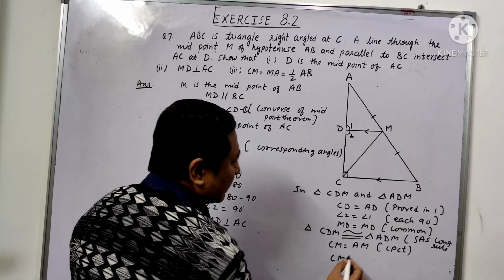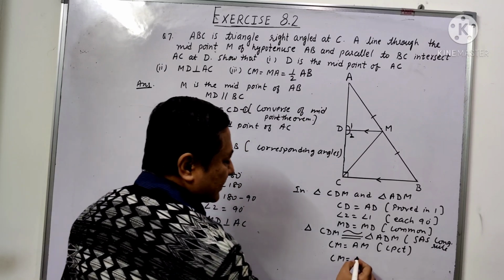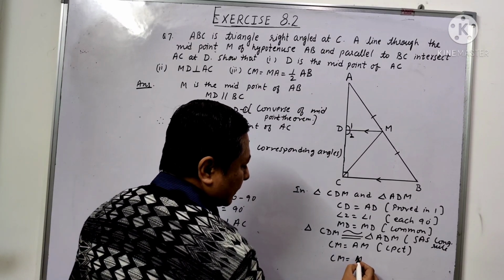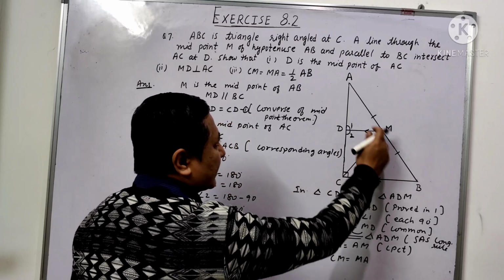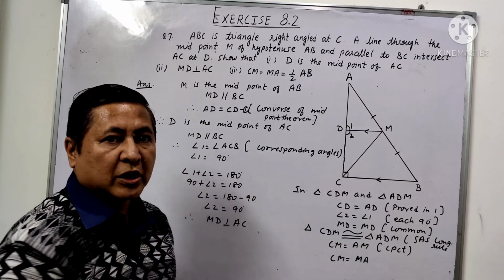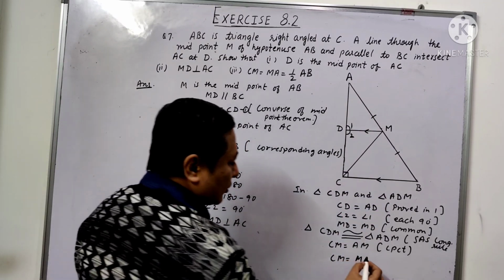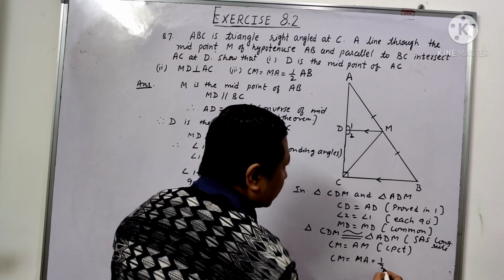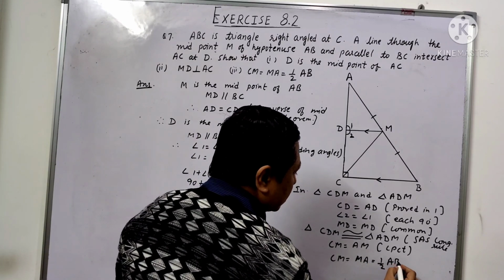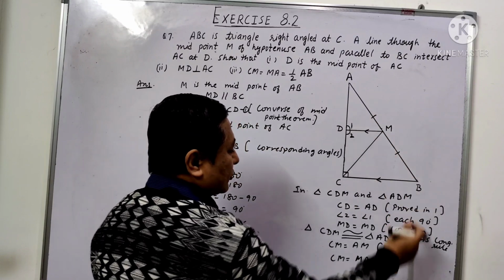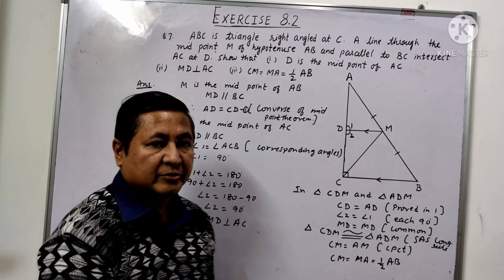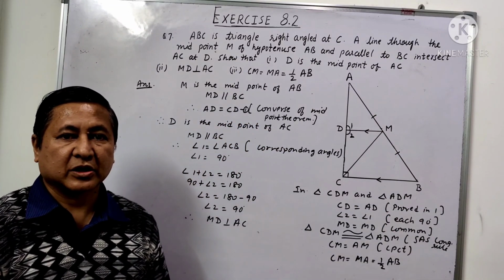CM is equal to AM, which can also be written as MA, and this MA is equal to half of AB. This is because M is the midpoint, so MA is equal to half of AB. So CM is equal to MA is equal to half of AB.